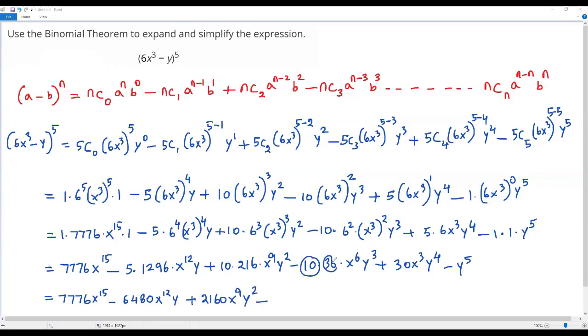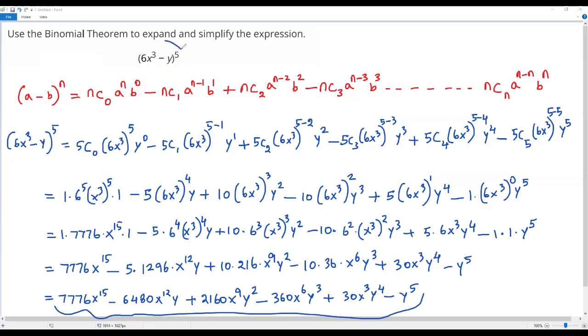When I multiply this 10 and 36, I am getting 360 x to the sixth power y to the third power, positive 30 x to the third power y to the fourth power, negative y to the fifth power. Okay, now I got the expansion of the given expression and also simplified it using the binomial theorem. So this is the expansion of the given expression.